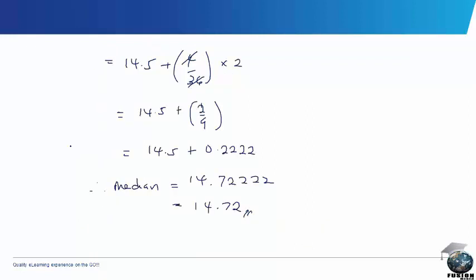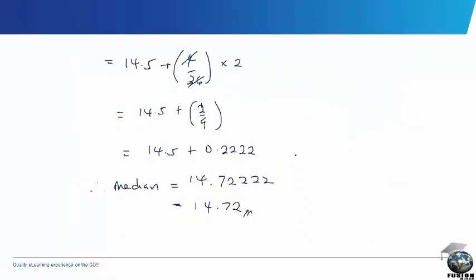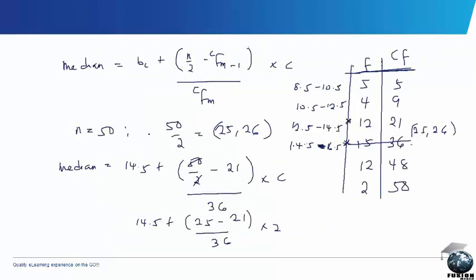And so this implies that for the first cumulative frequency we have 9. That's for the class boundary from 8.5 to 10.5, from 10.5 to 12.5, and then from 12.5 to 14.5, from 14.5 to 16.5, from 16.5 to 18.5, and then from 18.5 to 20.5.